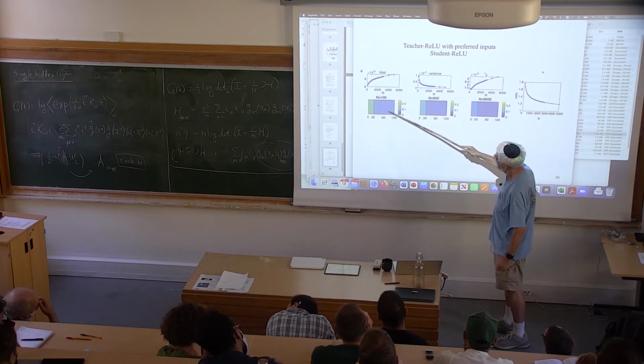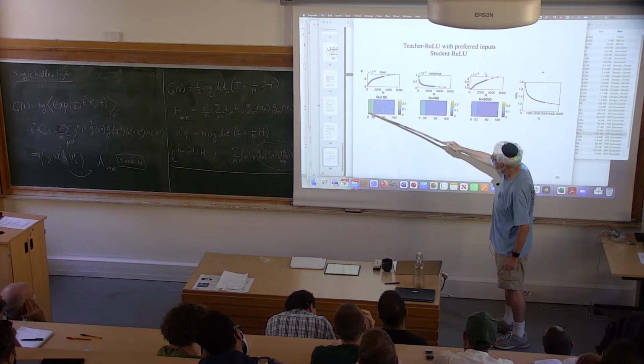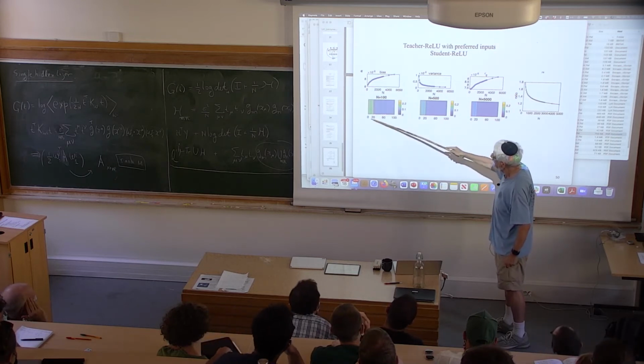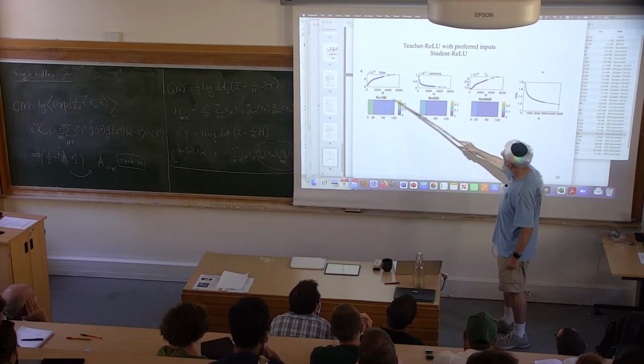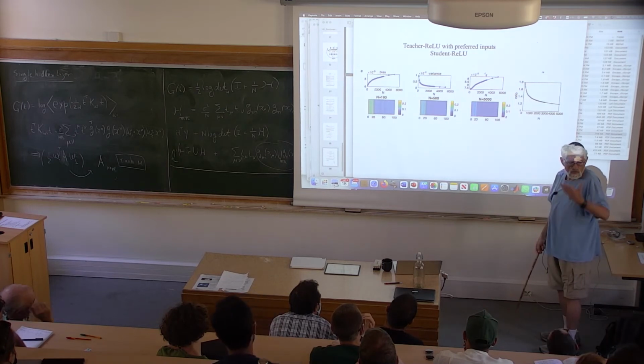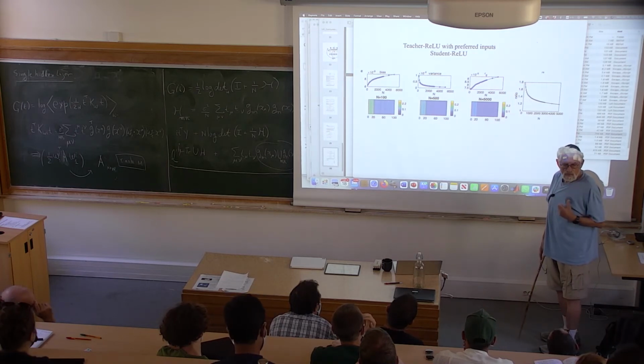So you see that most of the weight strength is focused on the preferred input. But this is for relatively small n, but for large n, this fades. So all the weights have the same strength, like the GP case, okay?